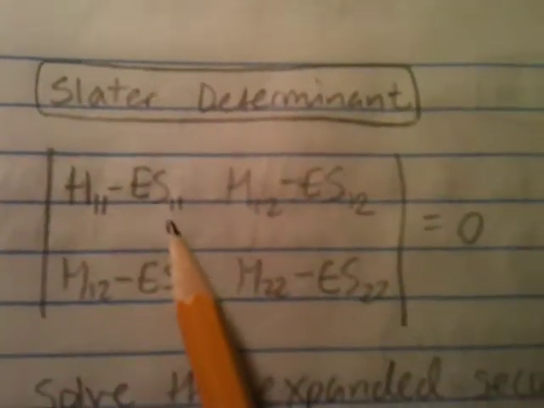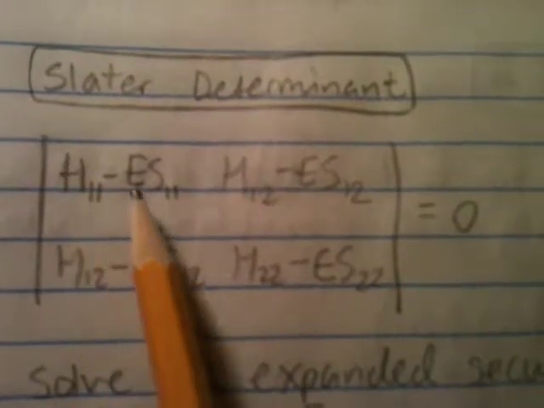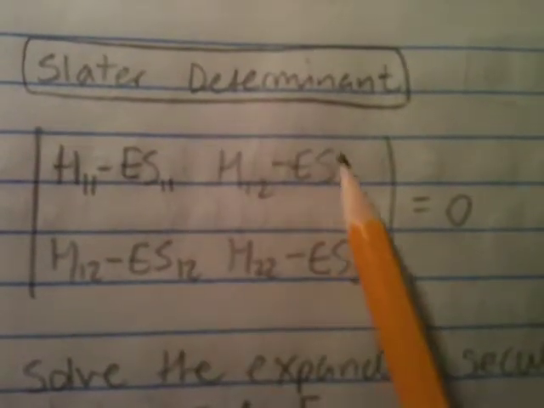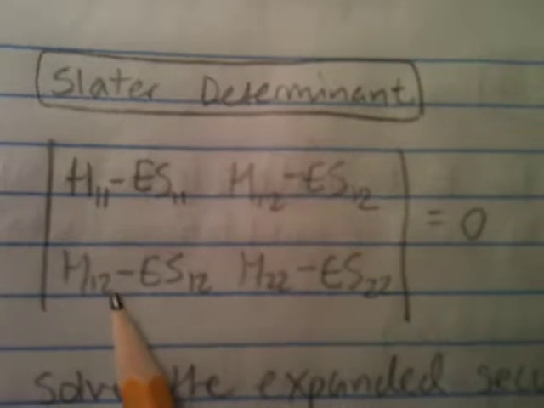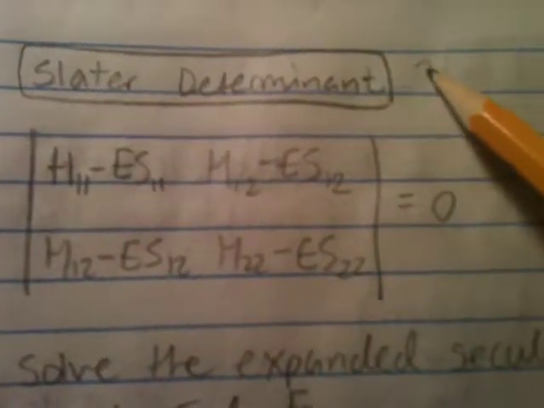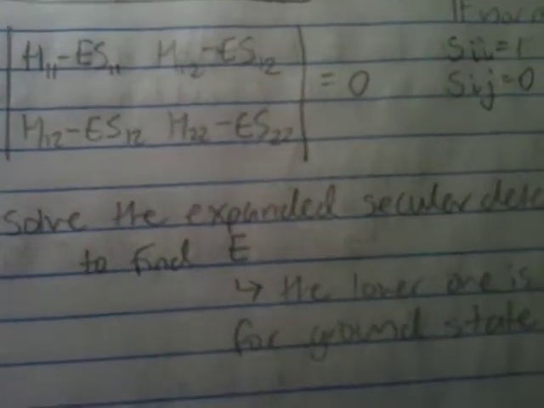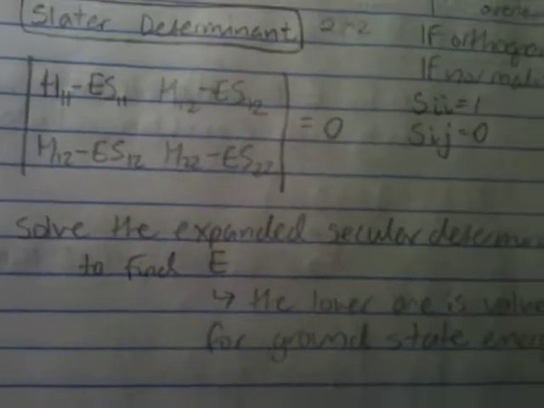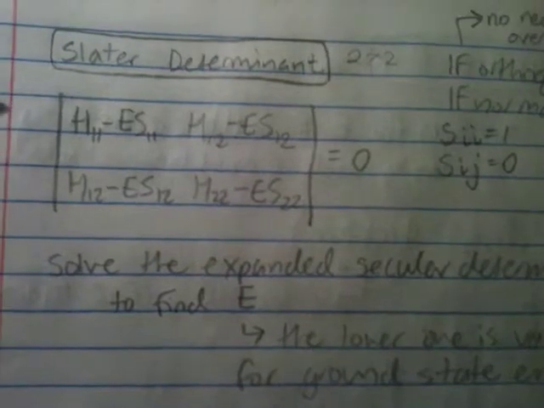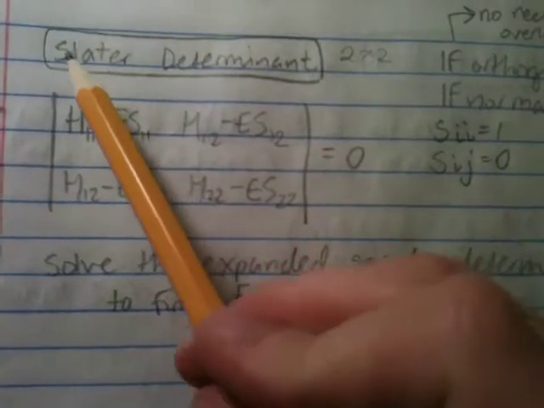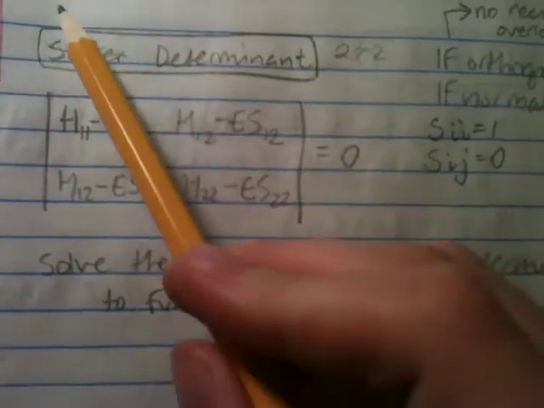This is what you have when you expand it: H11 minus E S11, you get the idea. 2x2 determinant, easy enough. Expand this secular determinant. Oh, did I say Slater determinant? Excuse me, this should be secular. Slater determinant comes later.